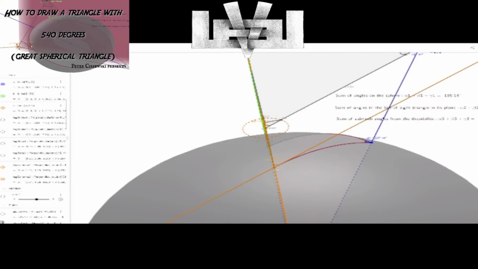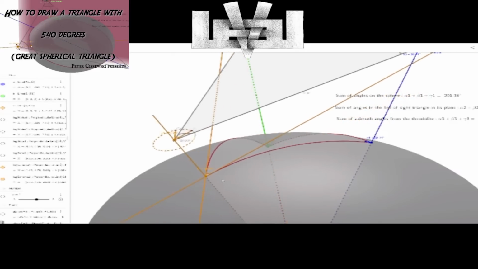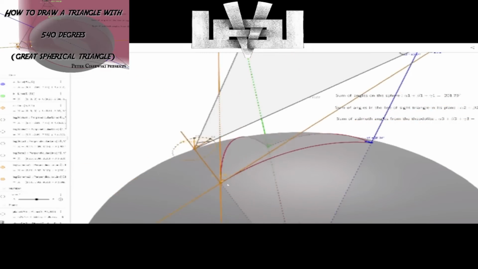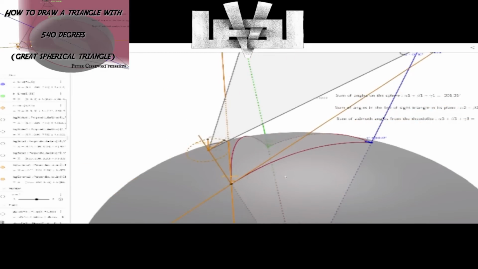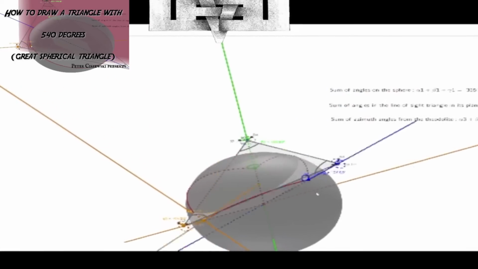15.14. Now if I change the triangle, it changes, right? How big can you make it? I can make it as big as you want me to make it, Bev. Can you make a 540 degree triangle? Yes, I can. Go on, show me what a 540 degree triangle looks like.